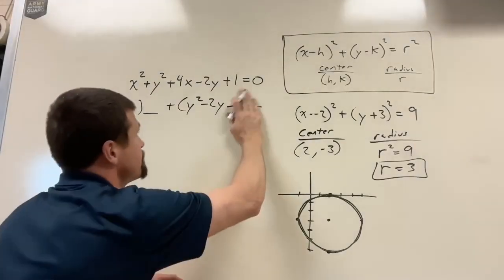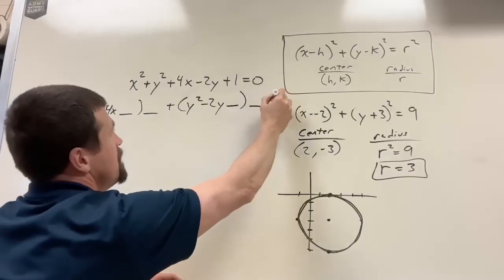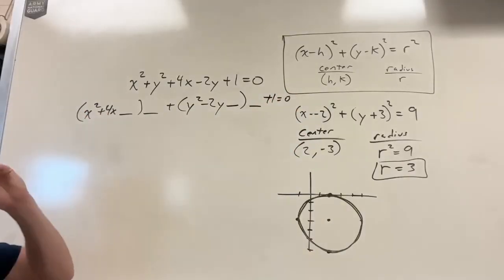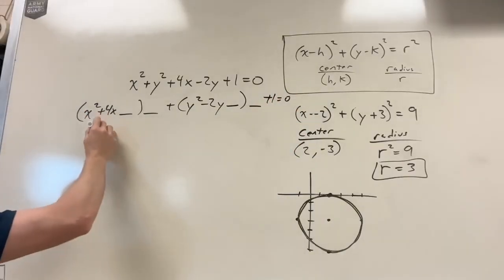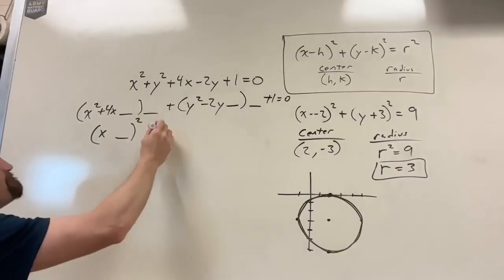With still a +1 and equals 0. Now, when I complete the square, I like to go ahead and set up the next level here.